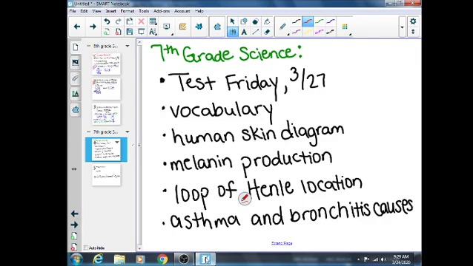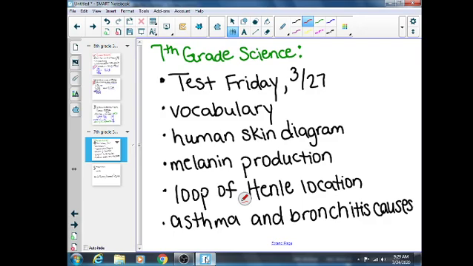One, make sure you're familiar with the vocabulary for the 5.2.1 through 5.2.3 sections. We've already done those in class. I hope you took that home with you, but if not, it is in the book. The next important fact is that everything I'm giving you is coming straight from your textbook.